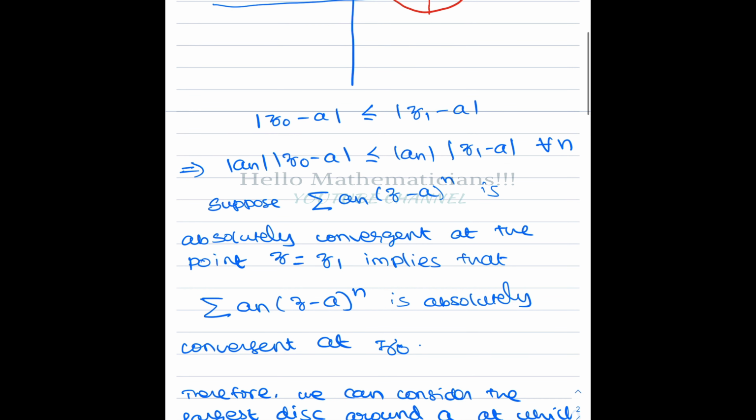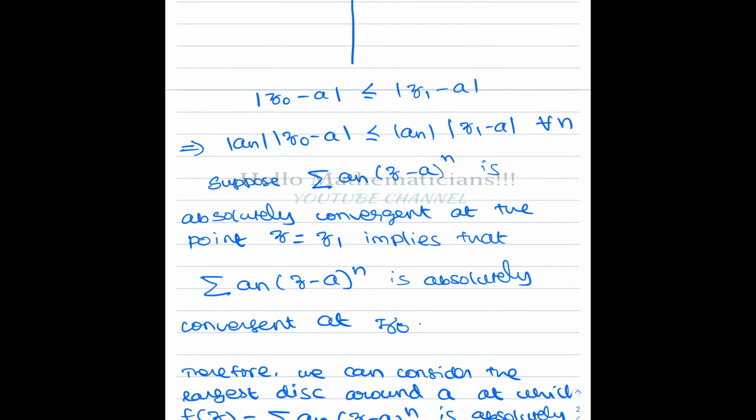Now, as I said above, we assume that this series is absolutely convergent at the point z equal to z1. What does that mean? Absolute convergence means you put z equal to z1 and then take the modulus, you get a real number, and the sum of that series is convergent.